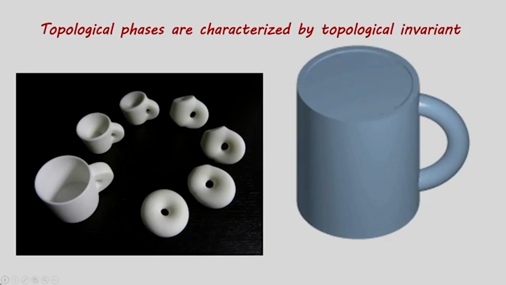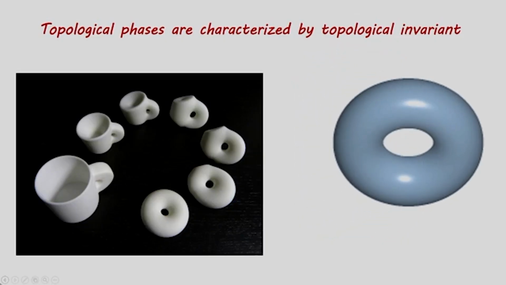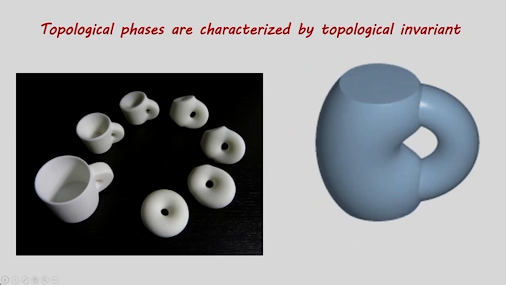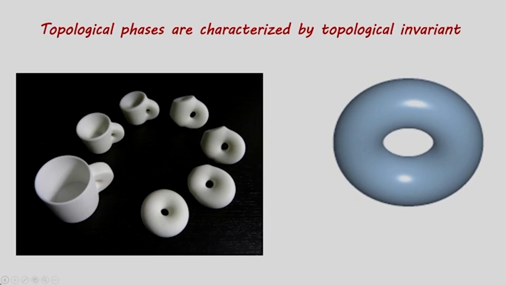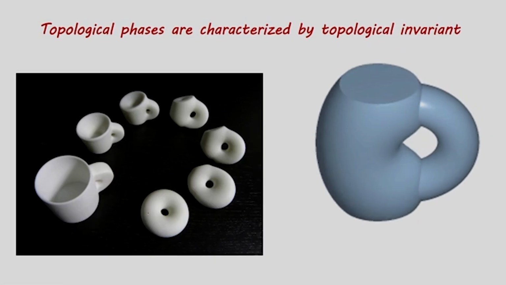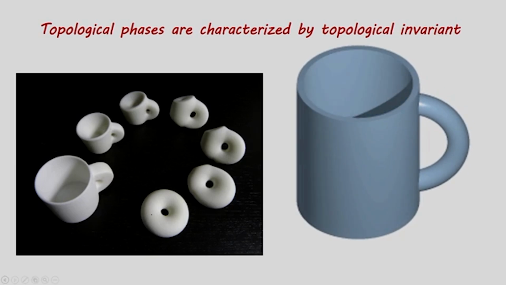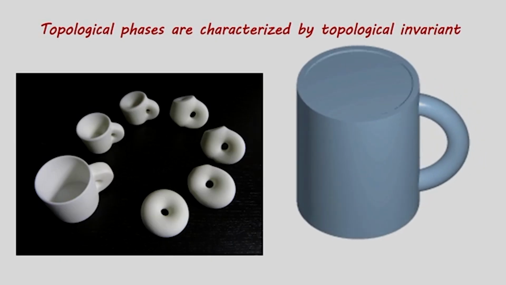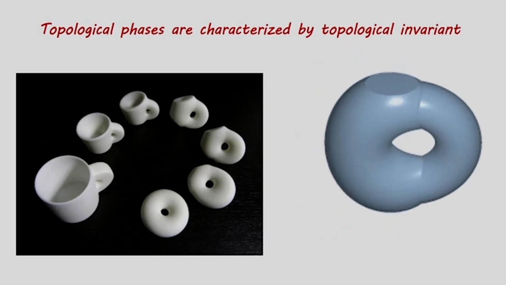It's the same picture I'm showing once again, so that you see snapshots of various phases. If you look at the left picture, it starts with a white cup, which slowly gets deformed and forms a donut, pretty much what you see on the right. So we'll have to deform a certain system, and when we say a system, what we actually mean is that the Hamiltonian of the system will be deformed, with respect to a change in a certain parameter.